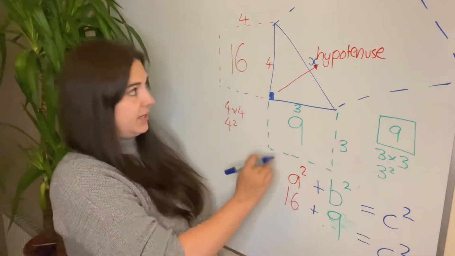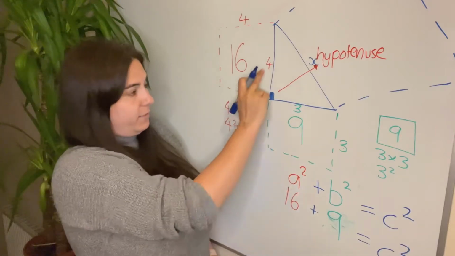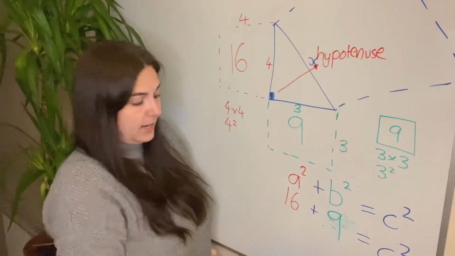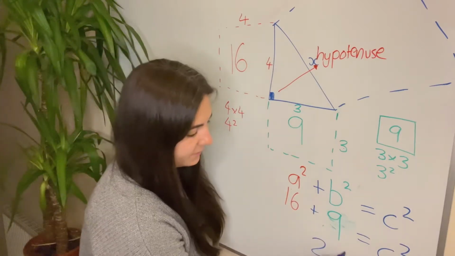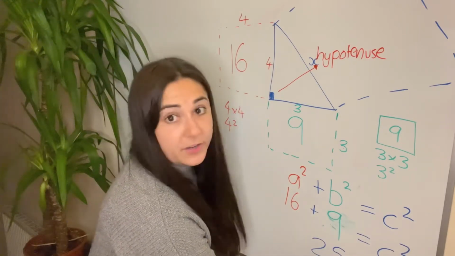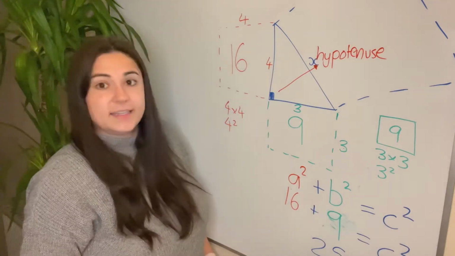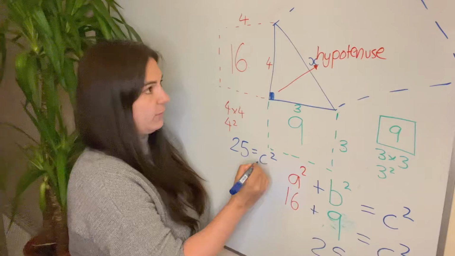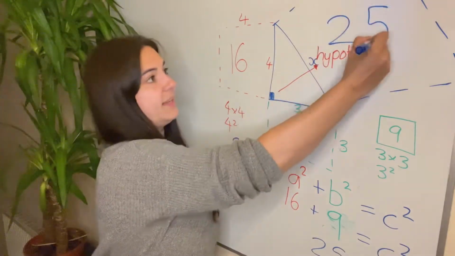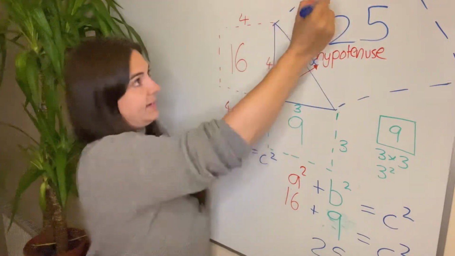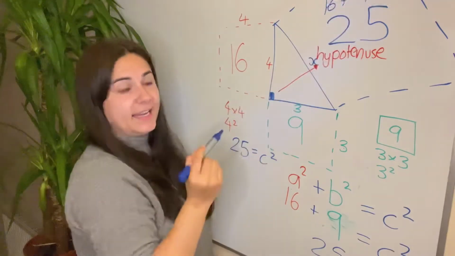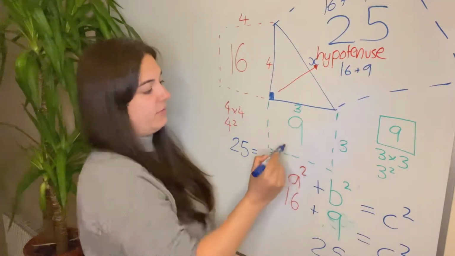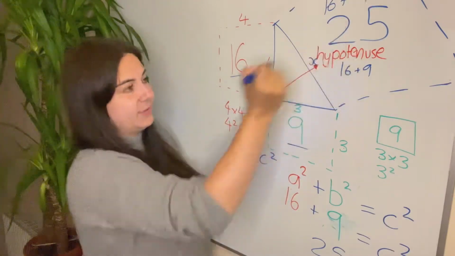Okay, so I've just substituted 4 into a and 3 into b, and that gives me 25. So 25 equals c squared. So the area of this square here, 16 plus 9, gives me 25. I add the area of the two smaller squares. 16 plus 9 is 25.